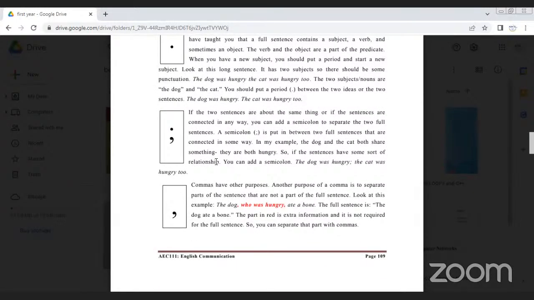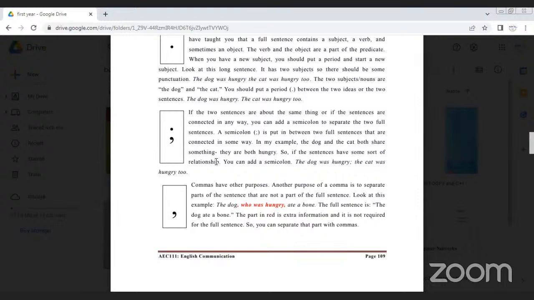Then let's see how to use a semicolon. If the two sentences are about the same thing, or if the sentences are connected in any way, you can add a semicolon to separate the two full sentences. A semicolon is put in between two full sentences that are connected in some way.